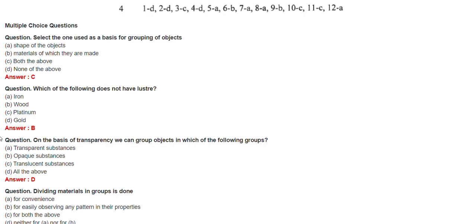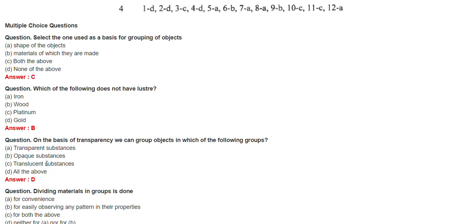Next, select the one used as a basis for grouping of objects. Shape of the objects, material of which they are made, both the above, none of the above. Both the above. This means C. Which of the following does not have luster? Wood. Second, on the basis of transparency, we can group objects in which of the following groups?